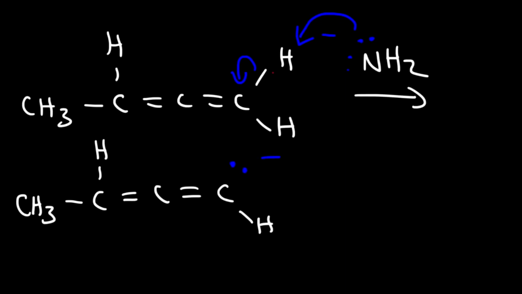Now, the reason why these hydrogens are relatively acidic is because the carbon with a negative charge, or the conjugate base that forms, it's stabilized by resonance. And so we could use this lone pair to form a triple bond, put in a negative charge on that carbon.